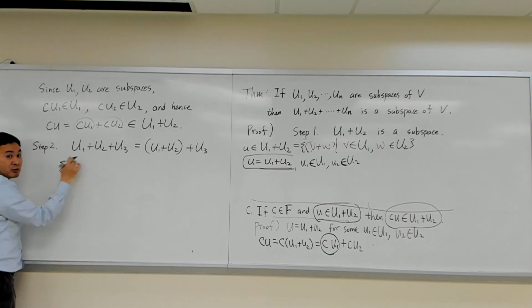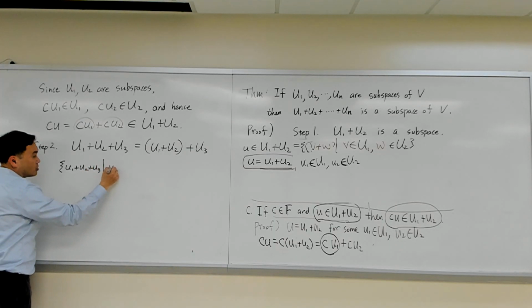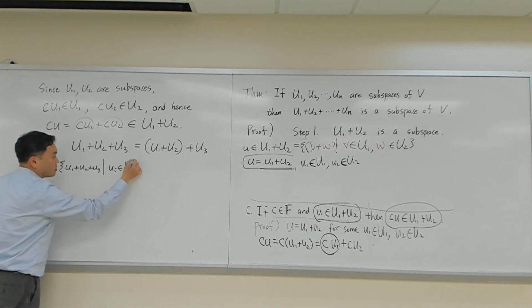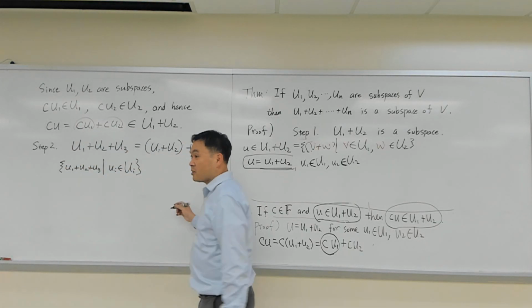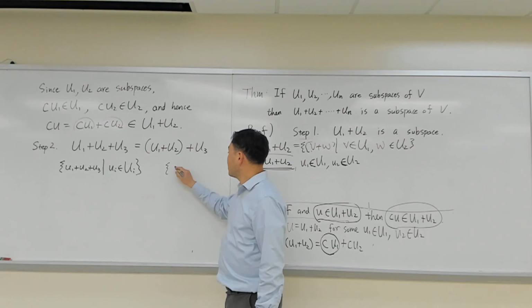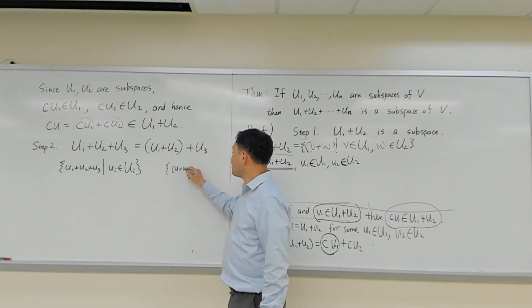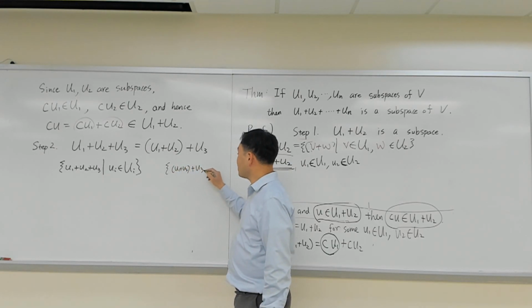What are the elements in here? Small u1 plus small u2 plus small u3. Just like that, right? Yeah. What are the elements in here? U1 plus U2 plus U3, right?